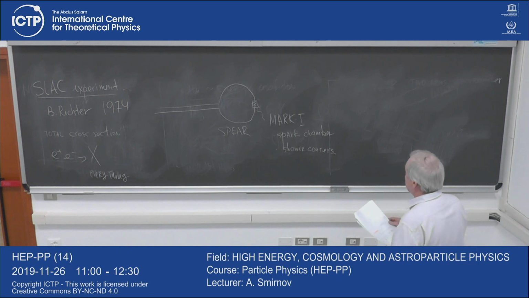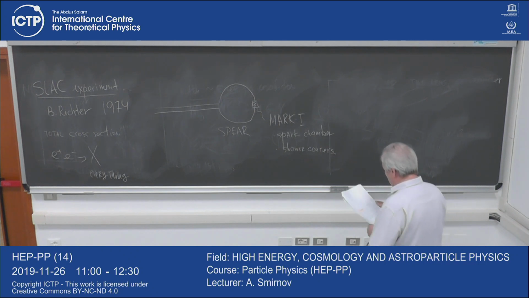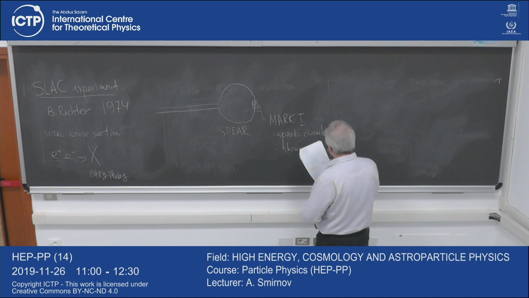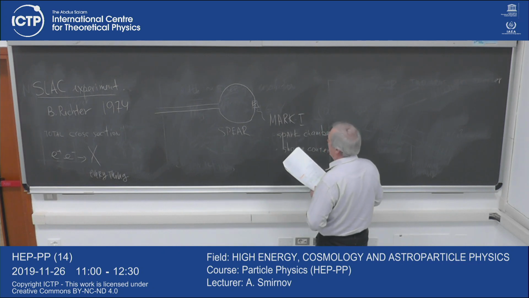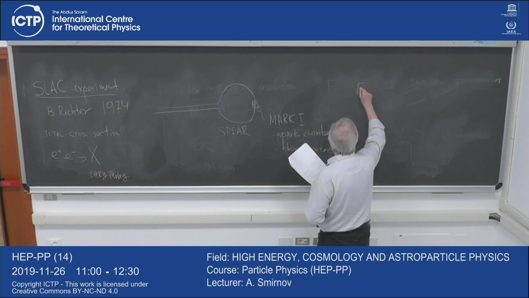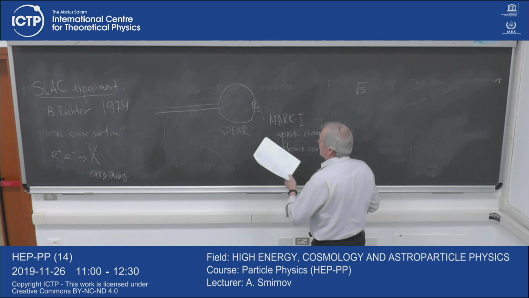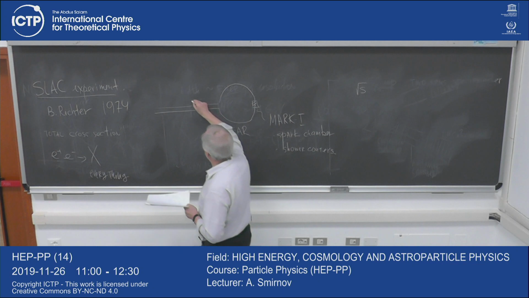So, what was the result? What they measured was the dependence of the number of events as a function of square root of s. And here, the energies of electron and positron were the same.